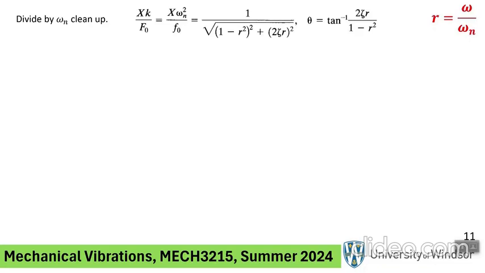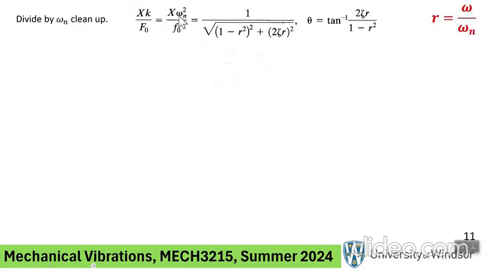Please go back to the expression for big X. You will see that if you take the right-hand side and divide the top and the bottom by omega n, or omega n squared if you want, you get this combination, X k over F naught.